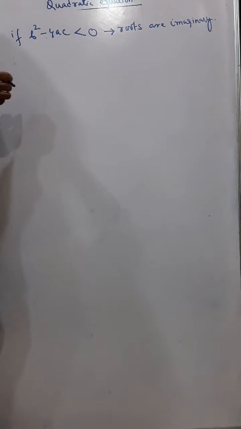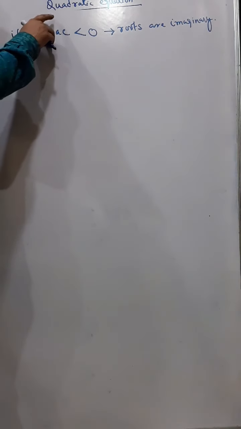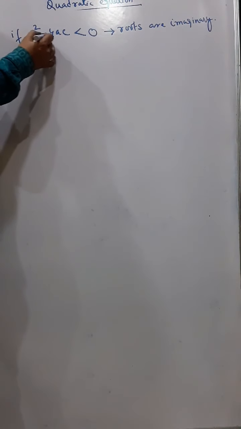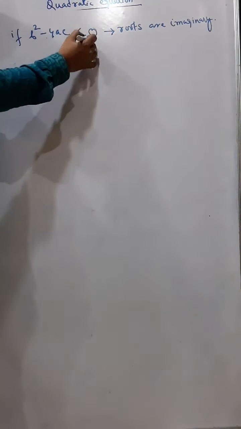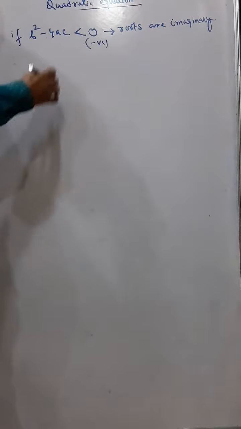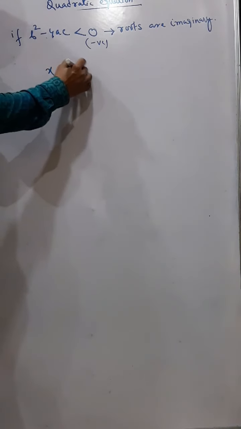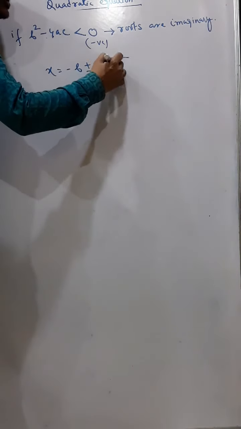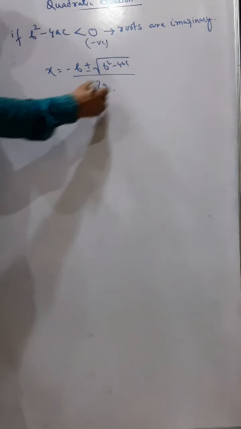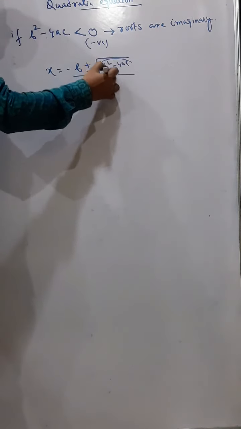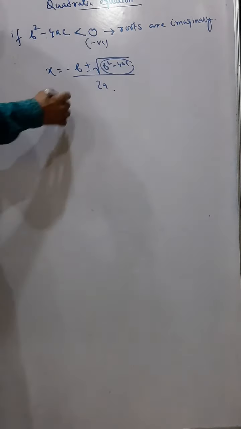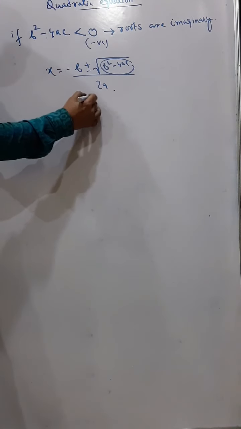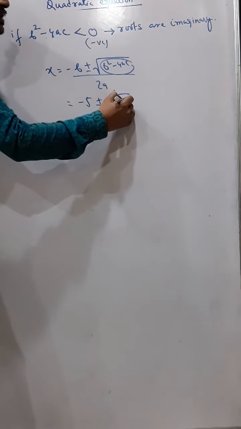So we have seen that if the value of b square minus 4ac is greater than 0, the roots will be real. And if b square minus 4ac is less than 0, the roots are imaginary. Less than 0 means negative. Again, try to understand that if x is equal to minus b plus minus root over b square minus 4ac by 2a, and the value of b square minus 4ac comes to be negative, so that minus b is anything plus, and then suppose you get root over minus 13.